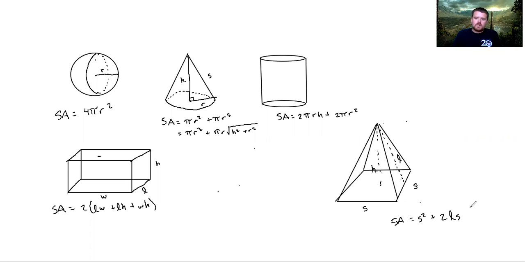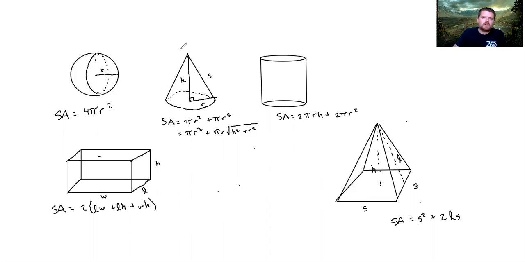These are a lot to remember, and they can be a little bit confusing. So there is a way for us to calculate these without having to remember all these formulas, and that falls back to our previous section, 1.1, when we were talking about the net of all of these shapes.